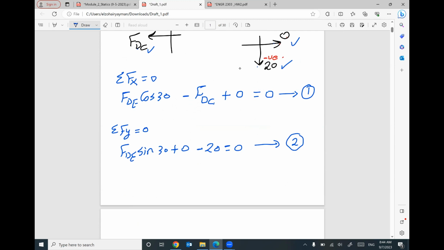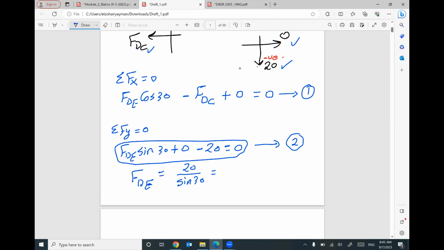I'm super lucky one more time, because if you look at this equation, I can find FDE easily. The value of FDE will be 20 divided by sine 30. I moved negative 20 to the other side, and then divided by sine 30.